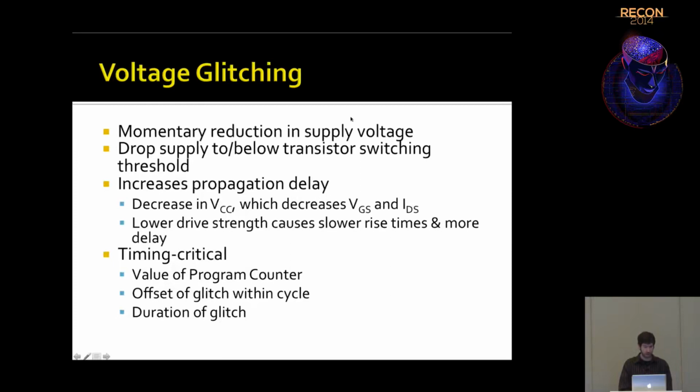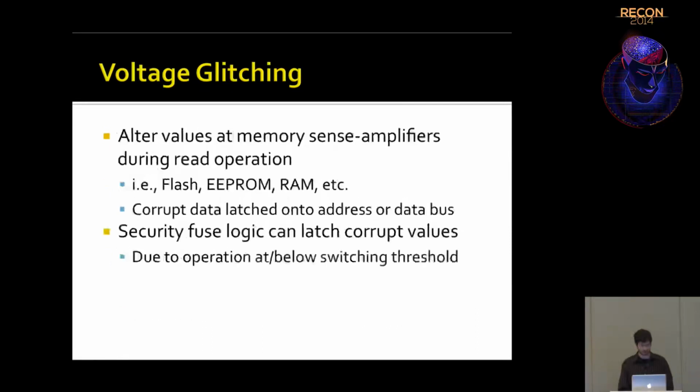And like clock glitching, this is timing critical. You have to hit at the right part of the program, possibly at the right point in the particular instruction cycle, and you'll want to play around with the length of the pulse, the duration. So voltage glitching will allow you to alter values at the memory sense amplifiers during a read operation.